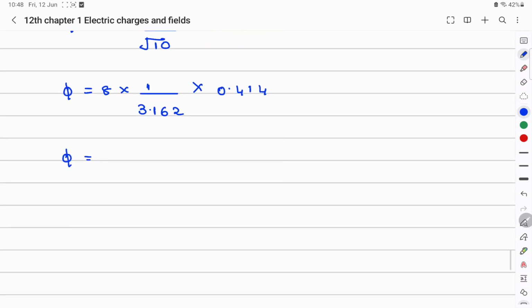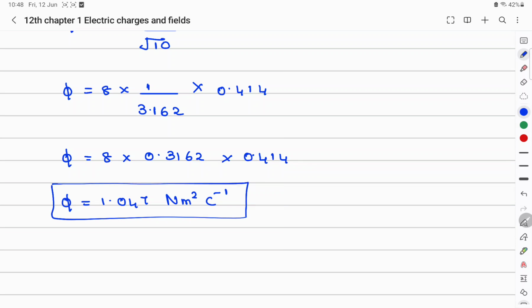So phi is equal to 8 into 1 by 3.162, which is 0.3162, into 0.414. So the flux phi is equal to 1.047 Newton meter square Coulomb power minus 1. So this is the net flux in this cube.